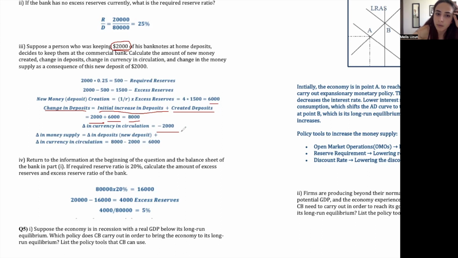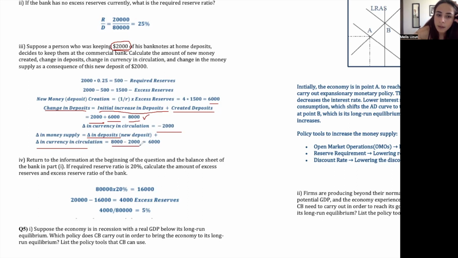So minus 2,000. Change in money supply is equal to change in deposits plus change in currency in circulation. The change in deposits we just found is 8,000, and the change in currency in circulation we just found is minus 2,000.